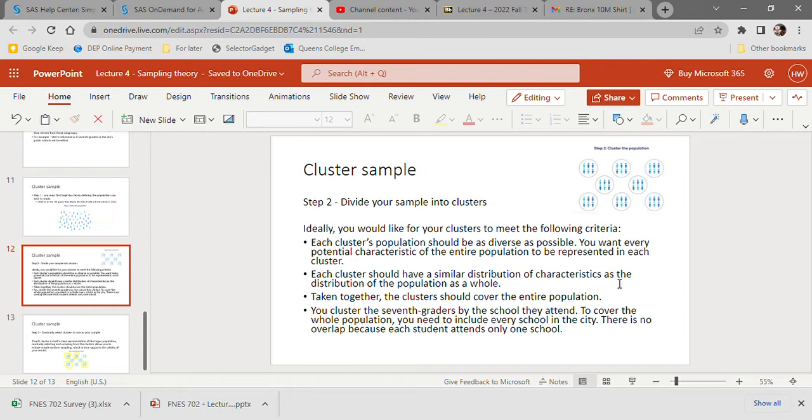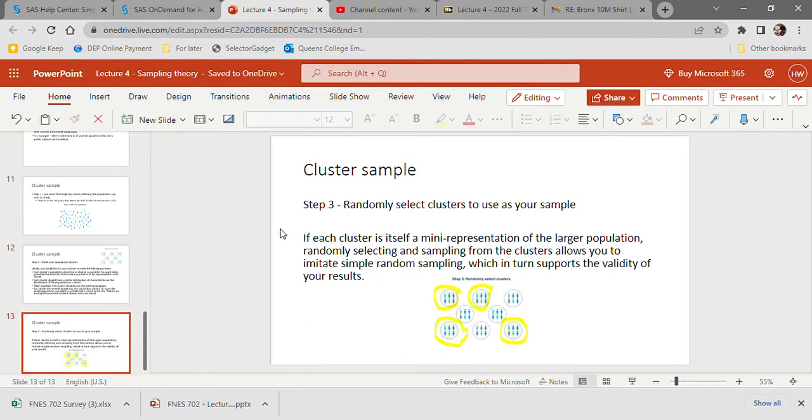We're going to cluster the 7th graders by the school that they attend, and to cover the whole population we need every school in the city. You also have to make sure there's no overlap. This is really important: a student has to be assigned to a cluster, and a student can't be assigned to two different clusters. So keep that in mind.